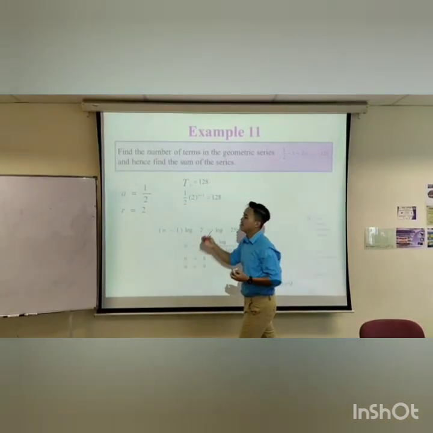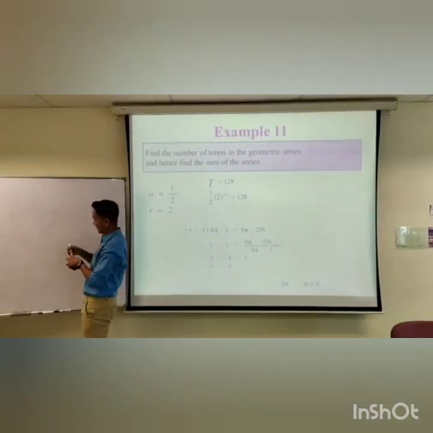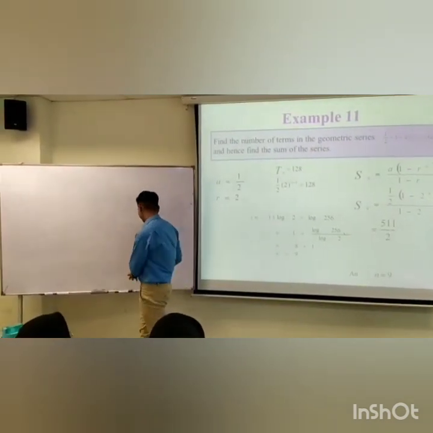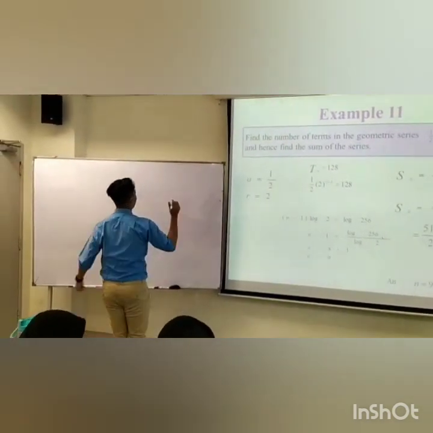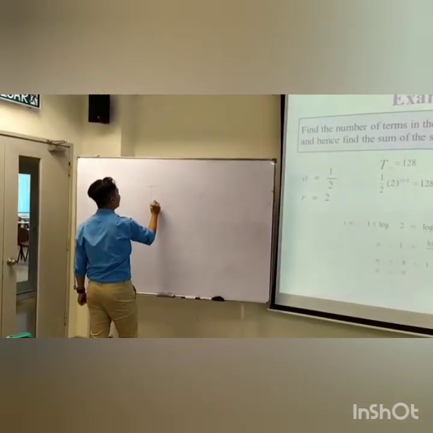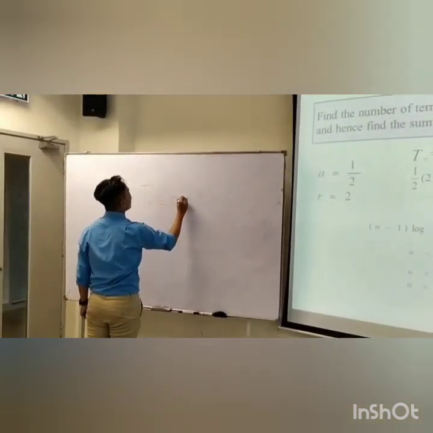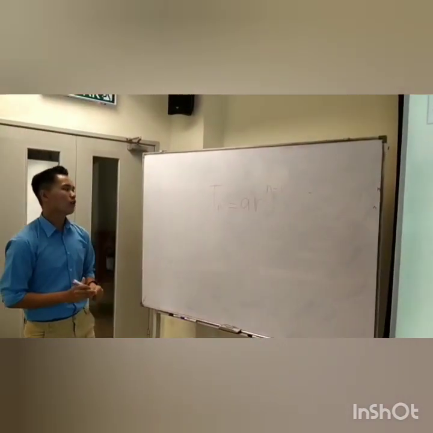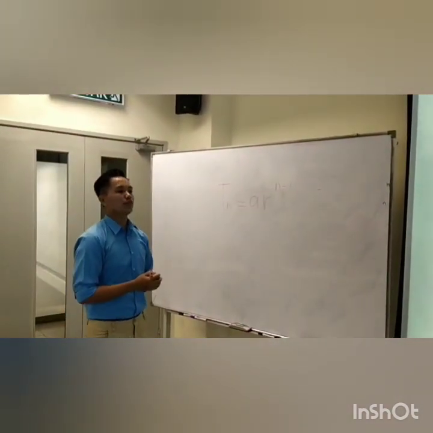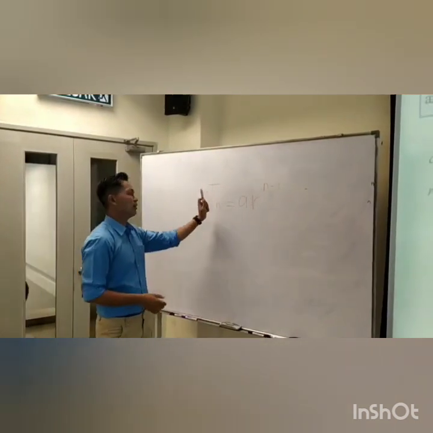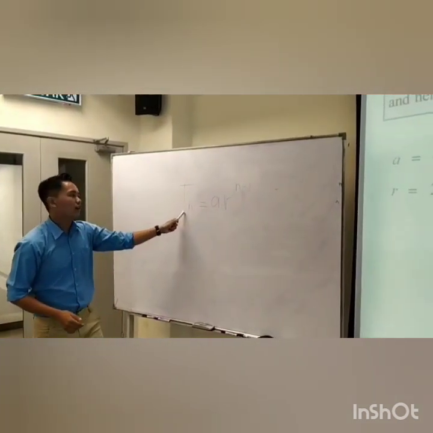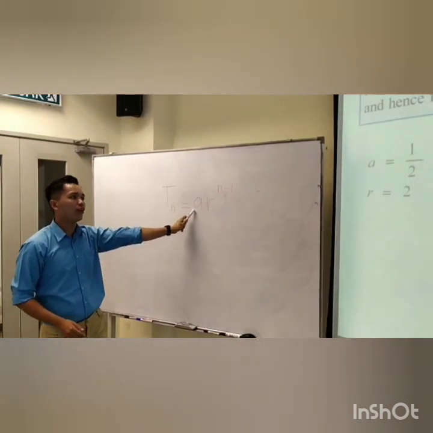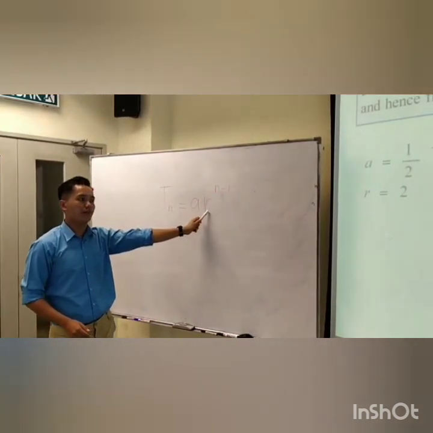The formula for this is, sorry, Tn equals AR to the n minus 1. So, the 128, we substitute into Tn, and the A value is 1 over 2, we substitute into A, and the R value is 2, we substitute in.